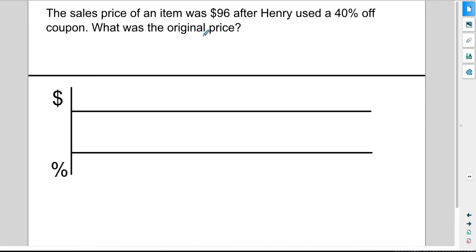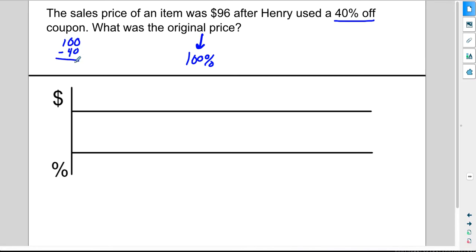So you're going to have to think to yourself, well, that original price was 100%. I knew I took 40% off, but that means 100%, that original percent, minus that 40%, so we should actually be looking for 60% here. This is only in the case when we have a coupon. If we had a tax or something like that, we would actually add that percentage value.